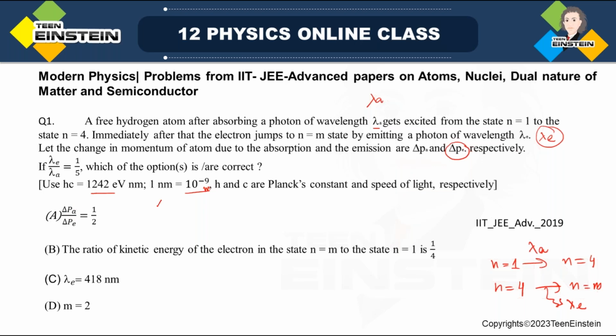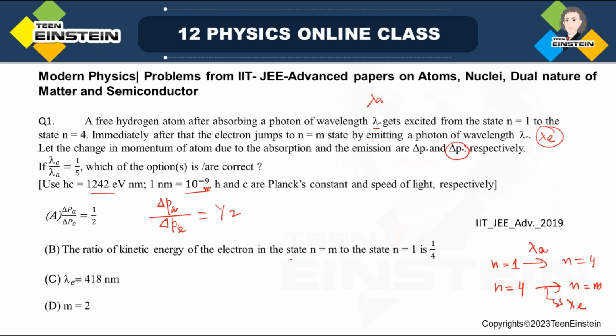The first is the ratio of the change in the linear momentum after absorption, delta p a, and delta p e, the change in the linear momentum of the atom after emission of the radiation, that is given as half. We have to see whether it is correct or wrong.